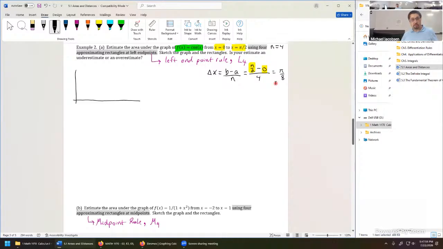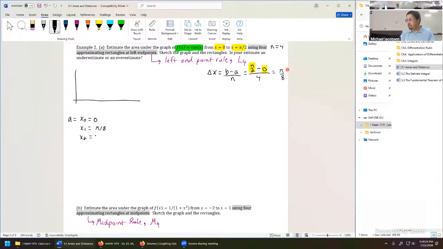If we list out all the endpoints, just like we did in the last problem, it would look like this. A, which we call x sub 0 or x naught, is the leftmost point, 0. Then for x1, all we're going to do is add delta x to get all the next points. So it's 0 plus delta x, pi over 8.